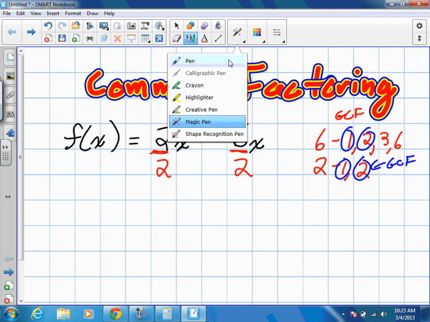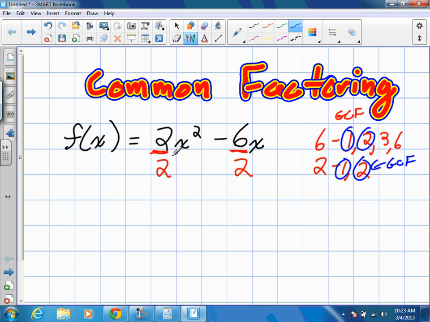We're also going to be looking at the variable. And we can do the same things with the variables here. We can find a greatest common factor. We have an x squared and an x. Okay? Because our variables are usually just written to an exponent, I'm going to write out the number of variables within that value.